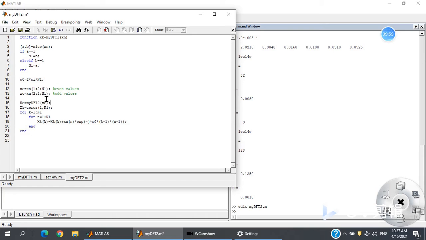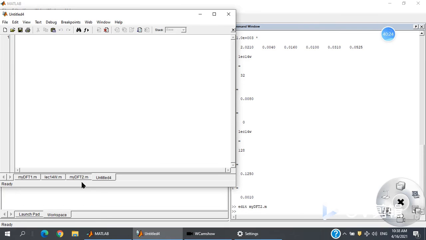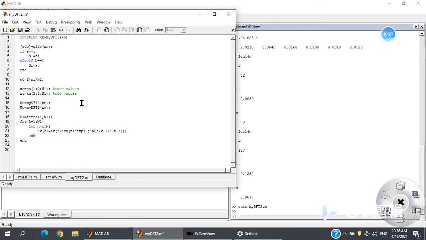This is ue, and uo is my DFT2 of xo. What is DFT2? Okay, I open the new one. The new one is actually the same as this. After I finish, I copy it. Now xe and xo are half of the size.